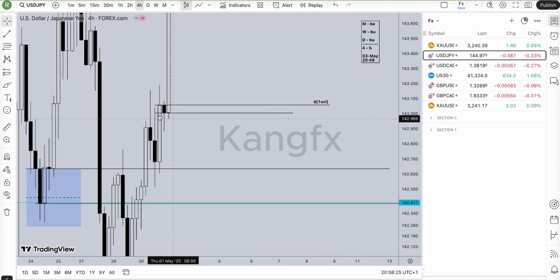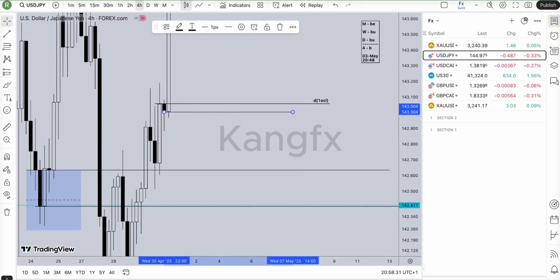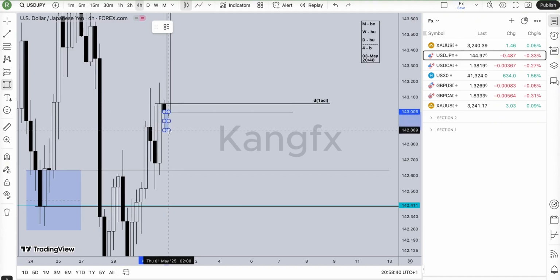We get our entries on daily and also on weekly, because sometimes the market will always use the one on daily first before using the one on weekly. So the one on daily, the market will use it first. Sometimes the market will come down again and use the one on weekly, but sometimes it won't come back to use that one on weekly, just the one on daily and it moves.